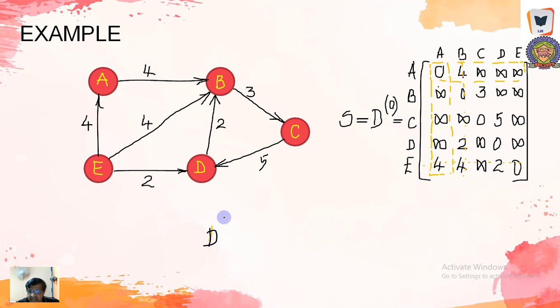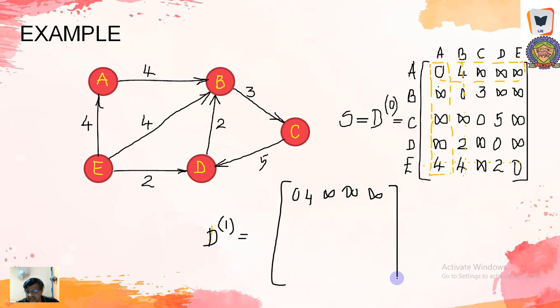So we will just carry forward and take this as 1, and we will just enter that: 0, 4, infinity, infinity, infinity, and infinity, 0, 3, infinity, infinity.